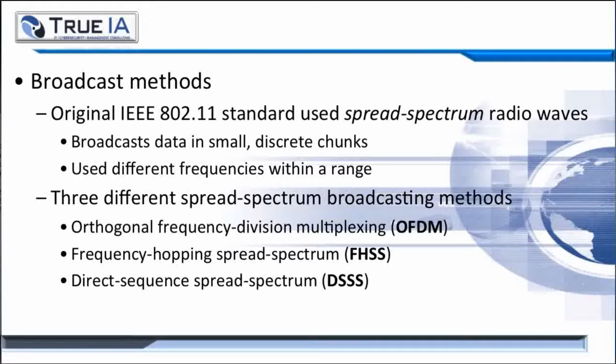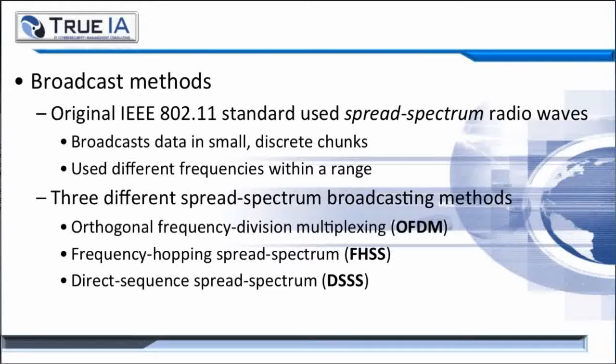With the advancement of technology, now we have three different spread spectrum broadcasting methods, starting with OFDM, orthogonal frequency division multiplexing, FHSS, frequency hopping spread spectrum, and DSSS, direct sequence spread spectrum.